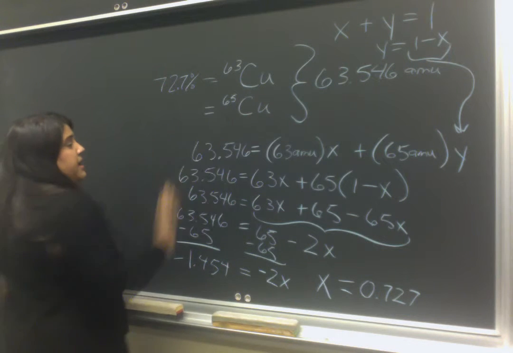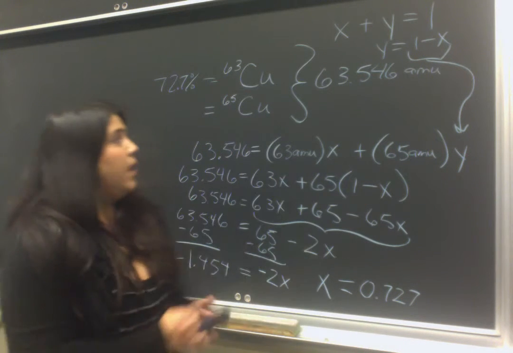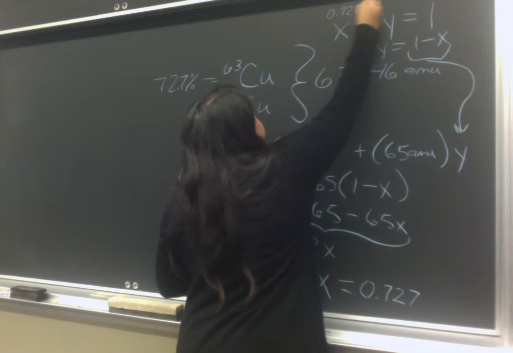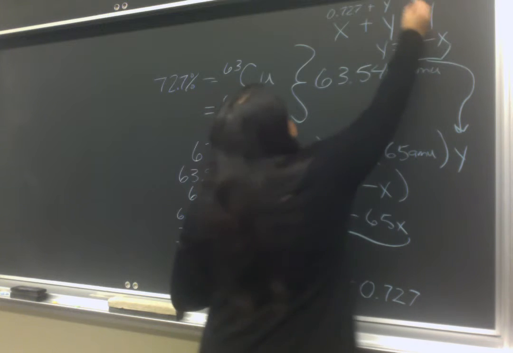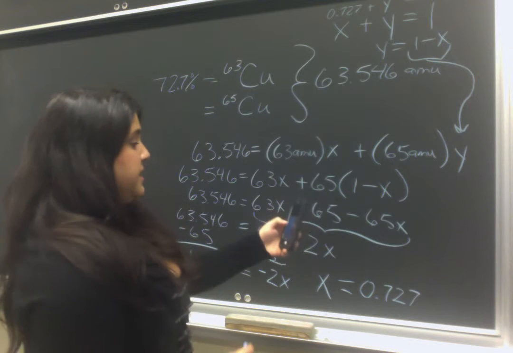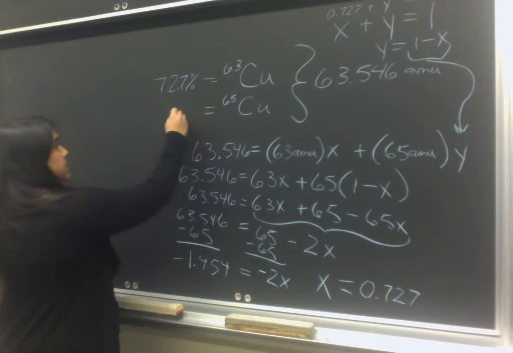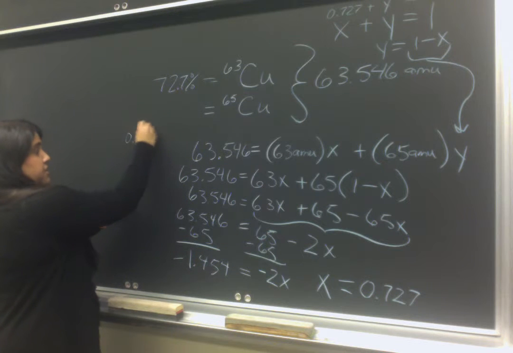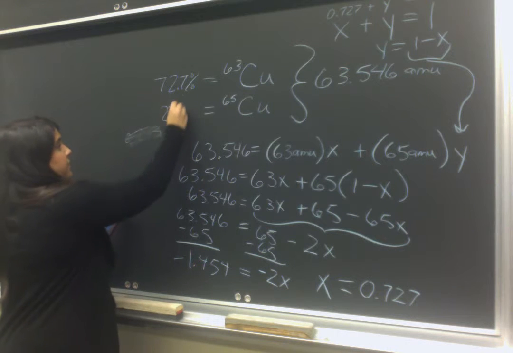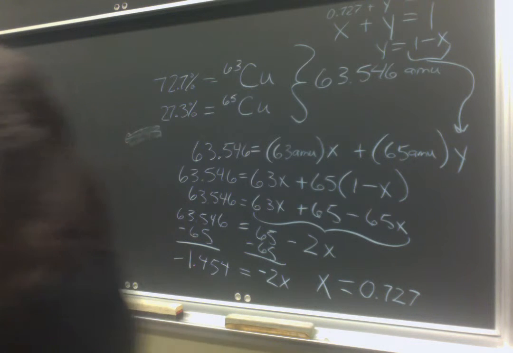And if I know my abundance of X, I can instantly find my abundance of Y. Again, 1 is equal to X, which I know is 0.727 plus Y. So, 1 minus 0.727 gives me my abundance of Y, which is 0.273 in decimal form, or 27.3% in percentage form. So that was the end of that problem.